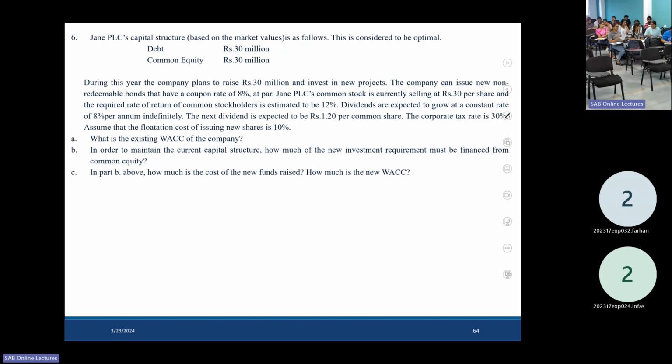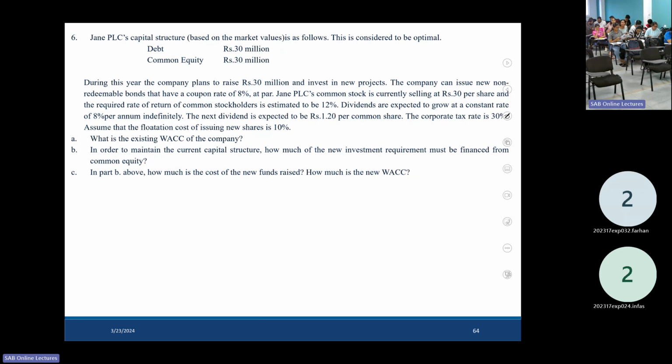So we'll do this question. JNPSA capital structure is based on the market value, and it is considered to be optimal. Now, in the previous example, you may observe that the capital structure is not changing.